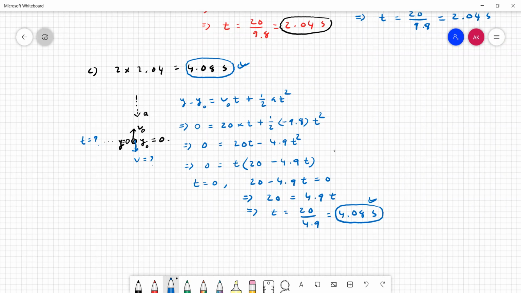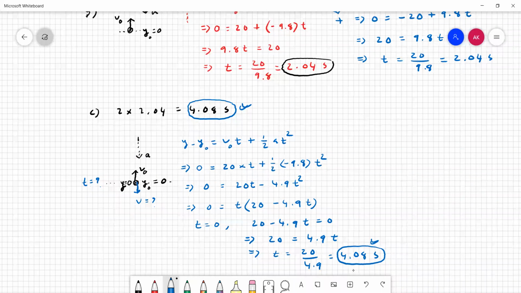Then the initial and final positions are not the same, so if we find the time to reach the maximum height, we cannot simply multiply by 2 to find the entire time. In that case, the second way that we have done will help us to solve for the time.